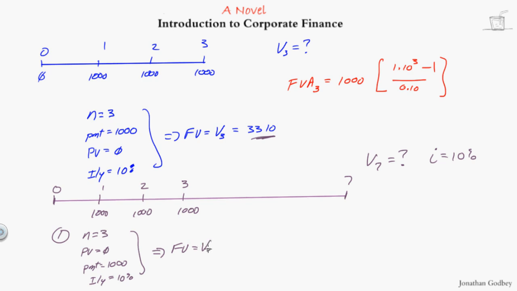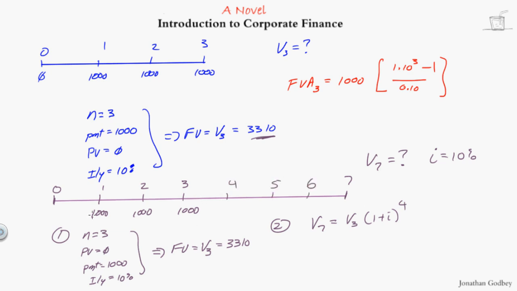So that's the value in year 3. That's not what you're looking for. You're looking for the value in year 7, but we know the value in year 3 is $3,310. Step number 2, the value in year 7 is equal to the value in year 3 times (1 plus i) to the 4th, because here's 4, 5, 6, 7.